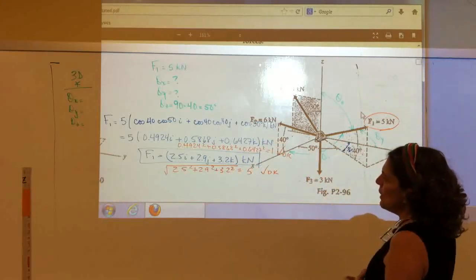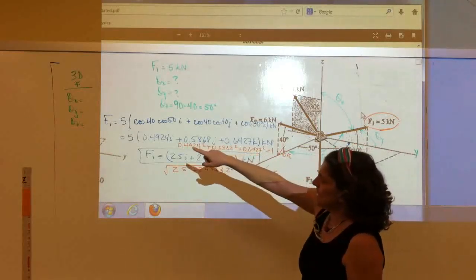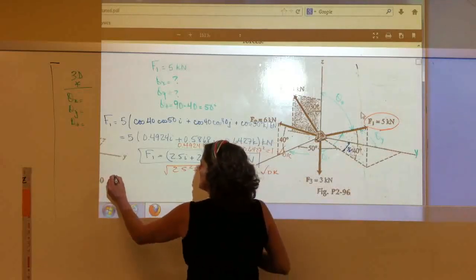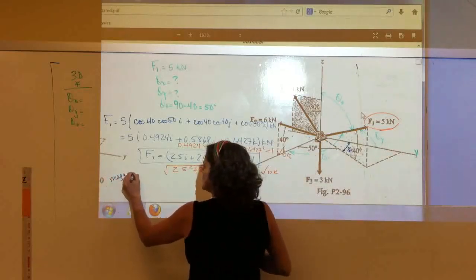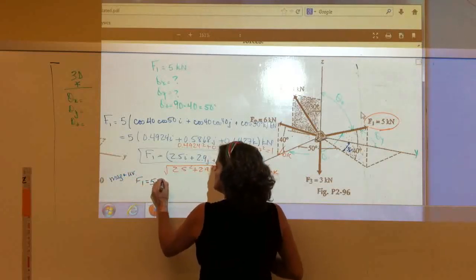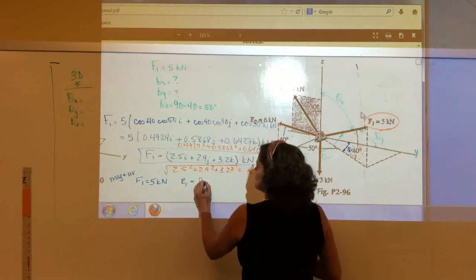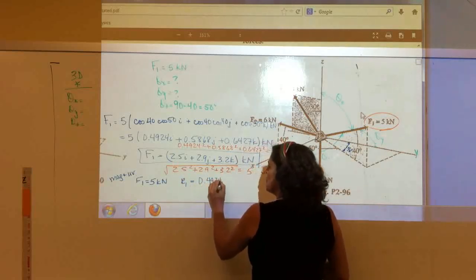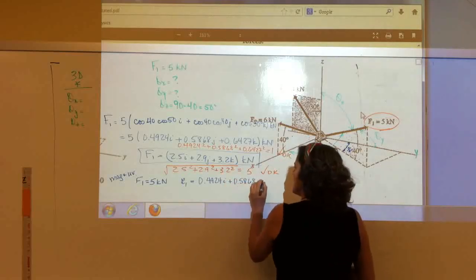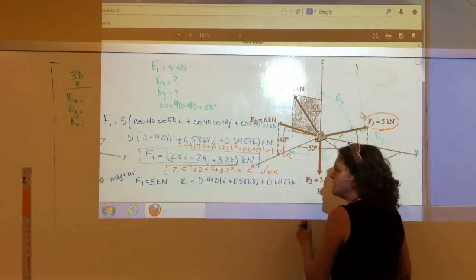But now, we have it in vector form, and we could write it in force magnitude and unit vector. F1 is equal to 5 kilonewtons, and the unit vector of 1 is 0.4924i plus 0.5868j plus 0.6427k.